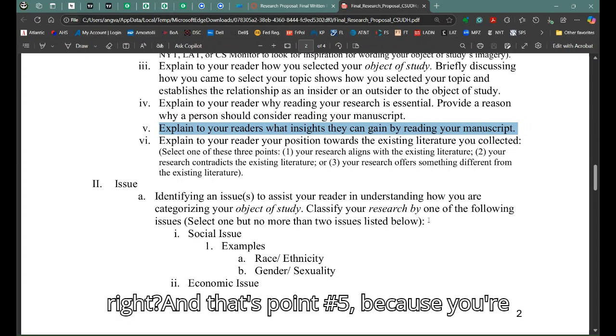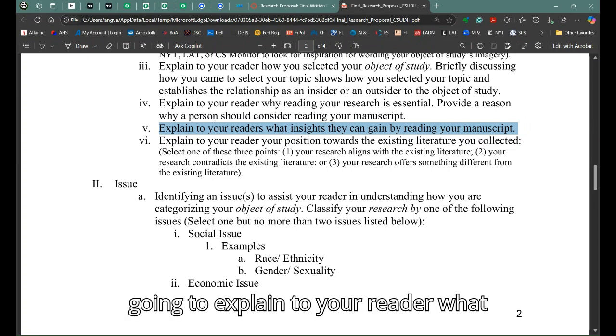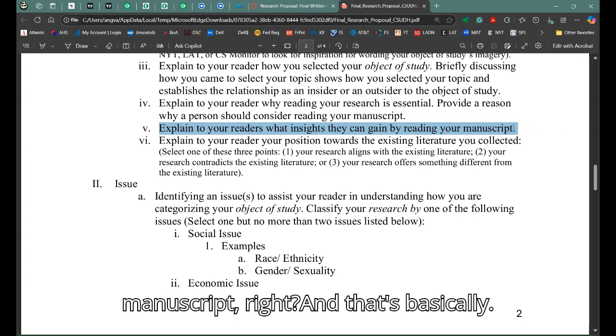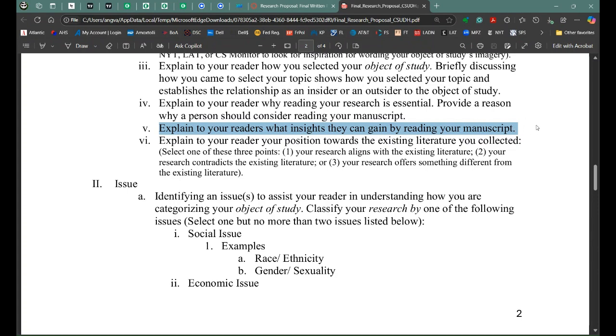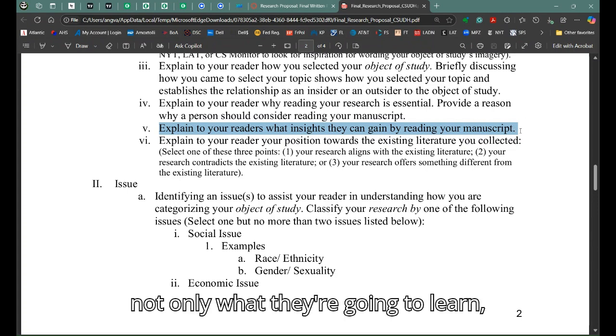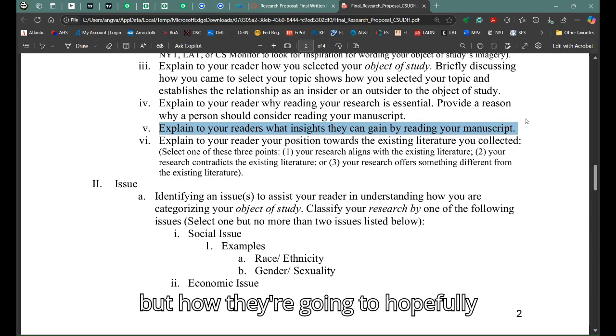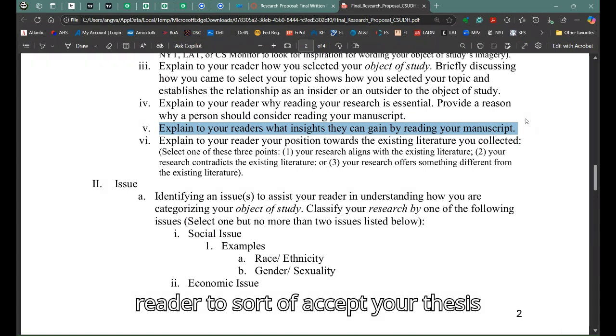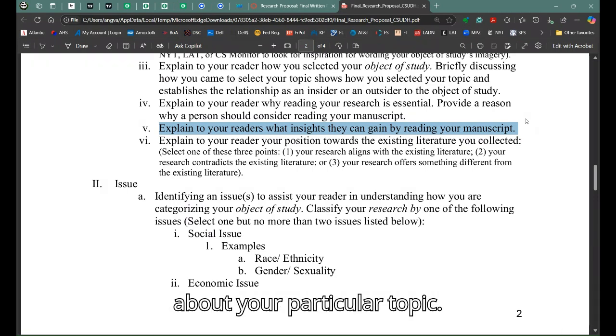That's point number 5, because you're going to explain to your reader what insights they can gain by reading your manuscript. That's not only what they're going to learn, but how they're going to hopefully change their perspective or convince your reader to accept your thesis about your particular topic.